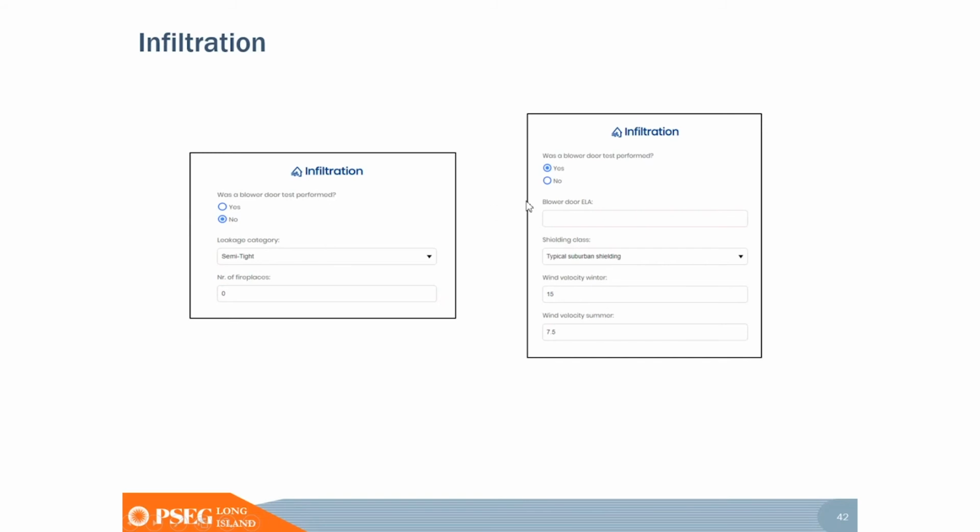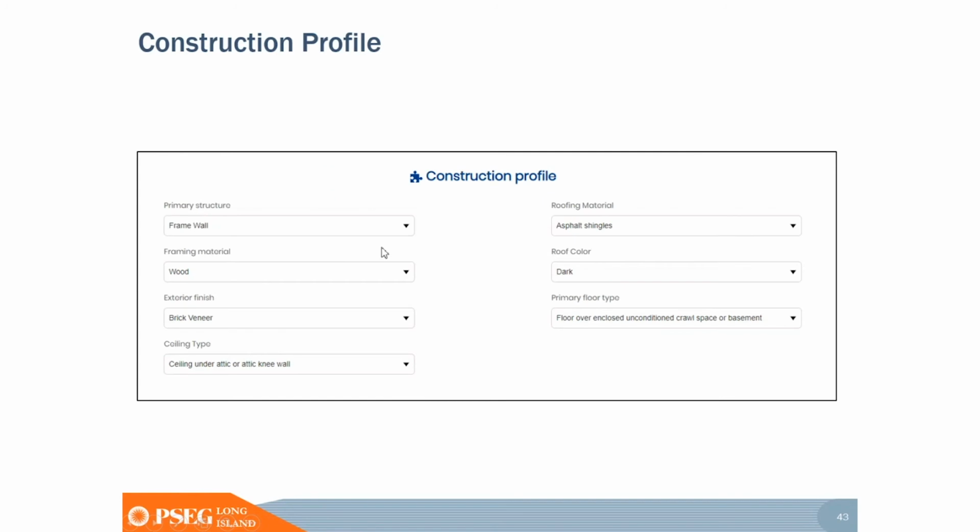Once you do that, again, you could choose the infiltration, whether you ran a blower door or not. You could enter the data, or you could choose the leakage category, and it also wants to know the number of fireplaces, similar to the other software. Once you choose that, it's going to look at the construction profile, similar to how you would have to model it in the other software.